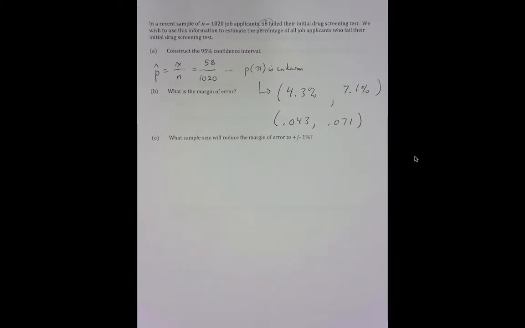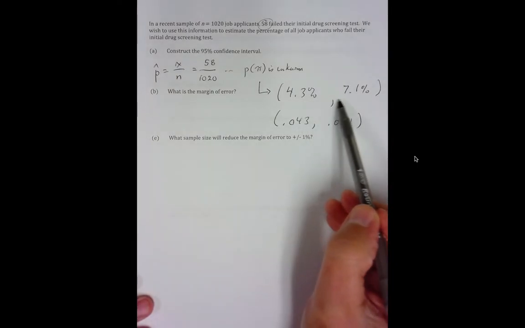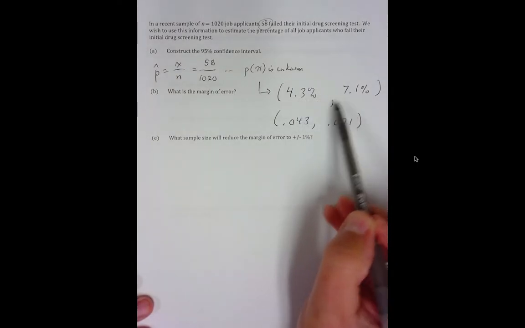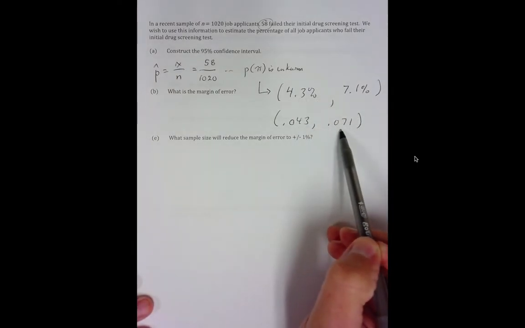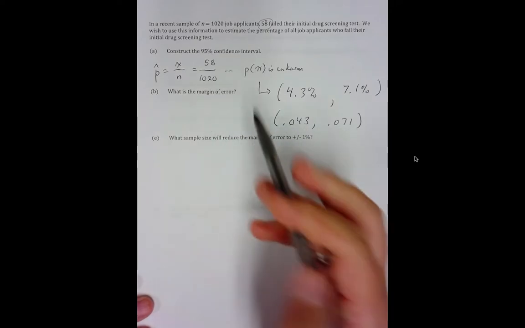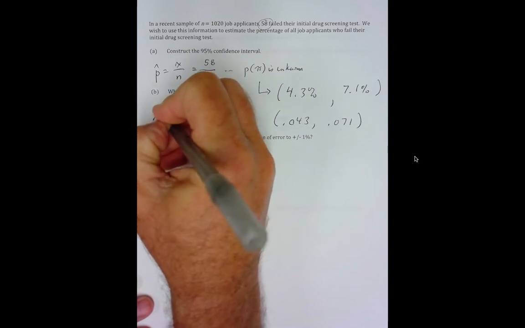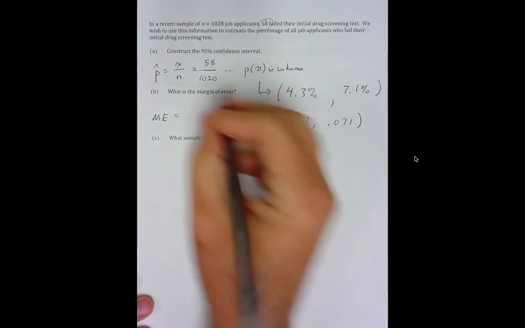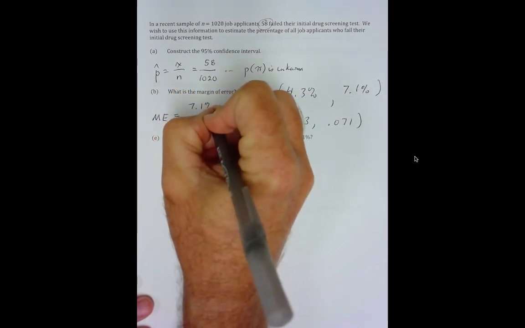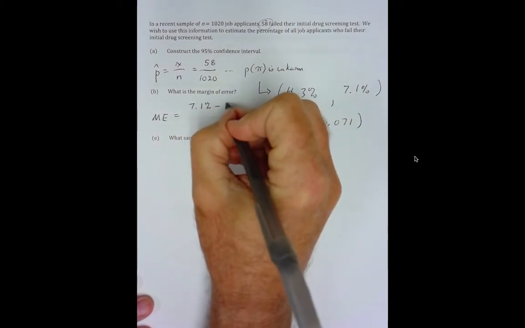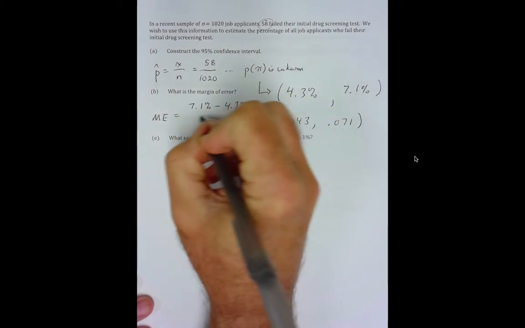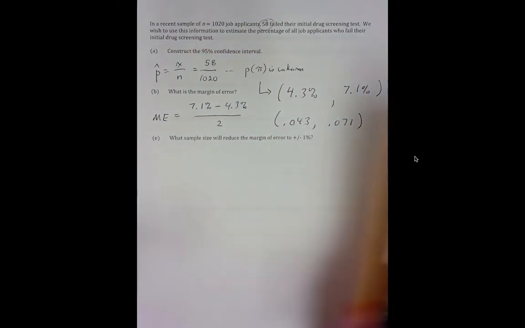So I've written that down. If the answer needs to be in percentage form, here's what we got. If it needs to be in proportion form, same thing. Nevertheless, the margin of error is going to be the big number minus the small number divided by 2.